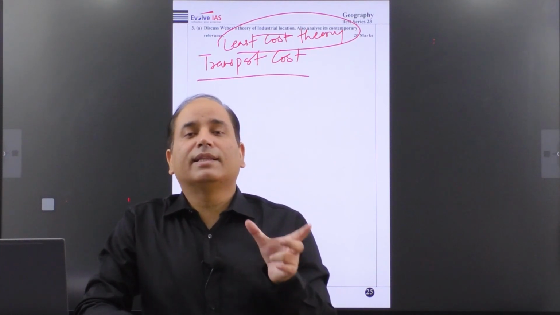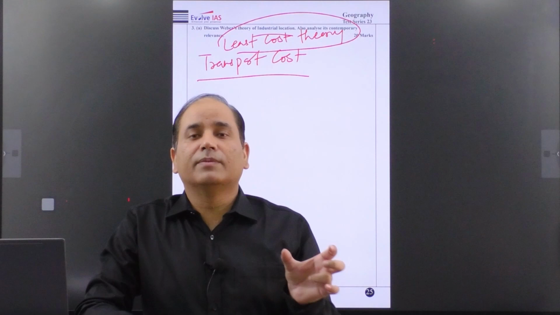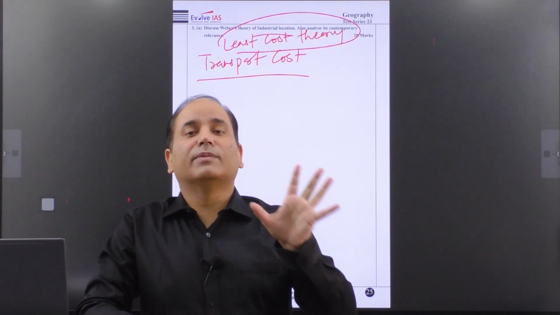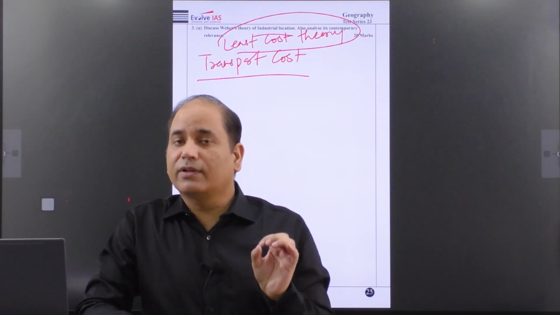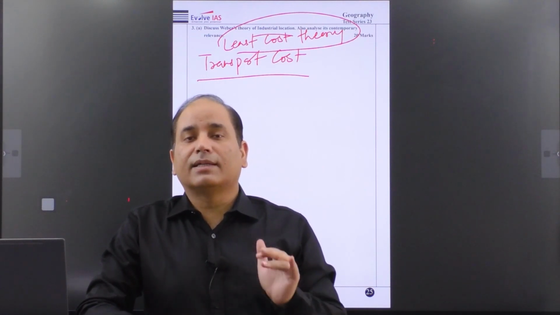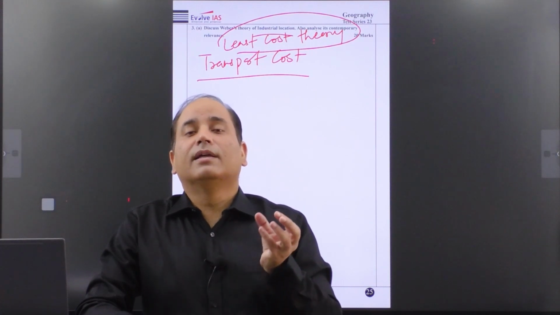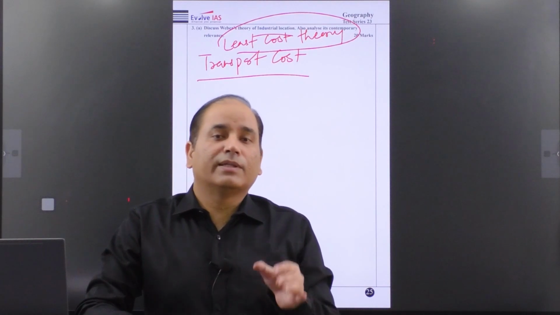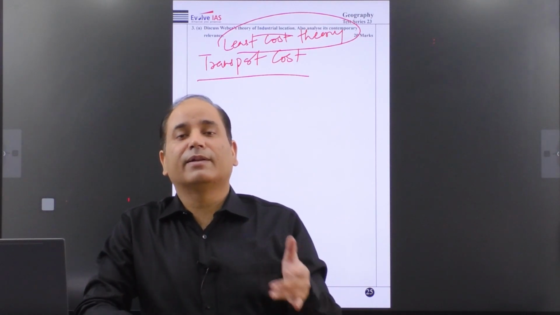So the only thing that is variable in the model of Weber is the distance between the raw materials and the manufacturing center. So based on that, he simply considered that the industry will be set up where there is a lesser distance traveled, depending upon whether it's weight losing, weight gaining or footloose.